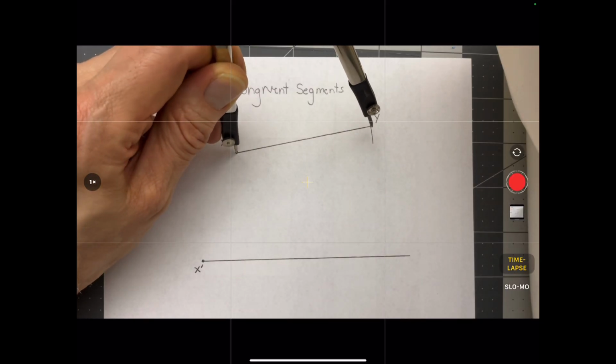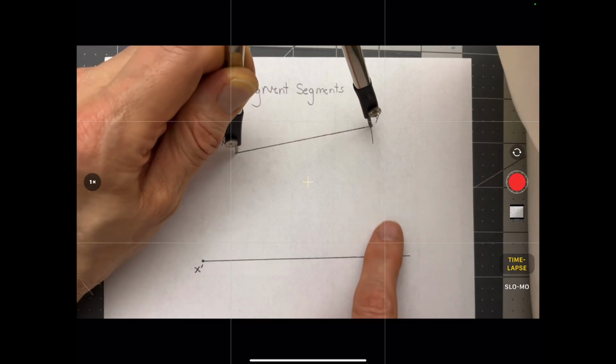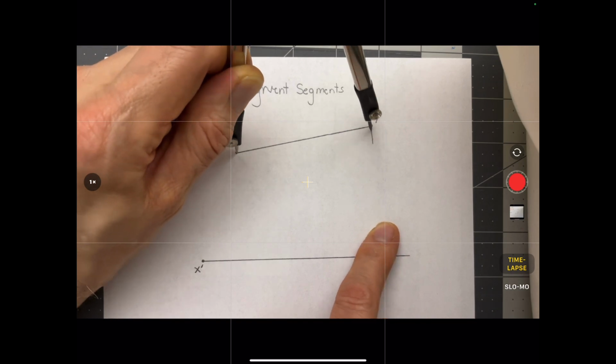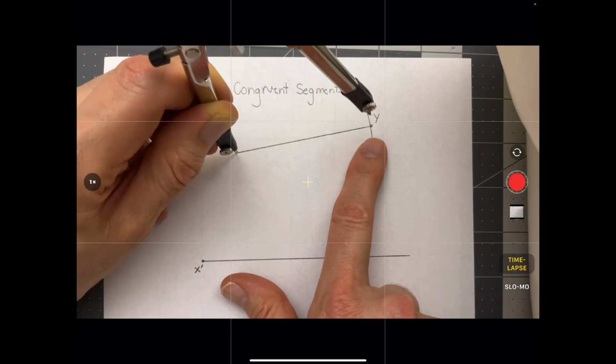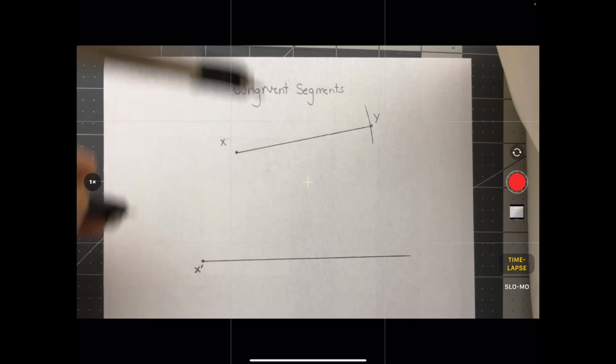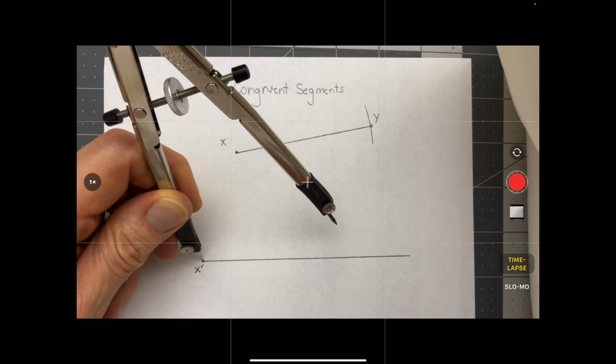So I can draw an arc mark that's going to go through the new point that's on the end over here, Y.